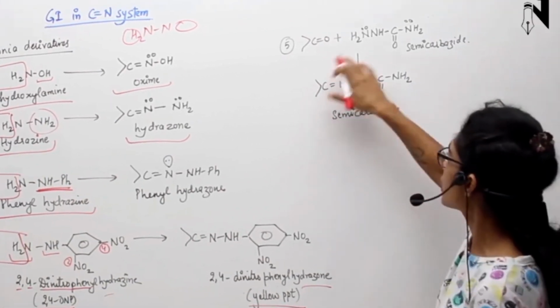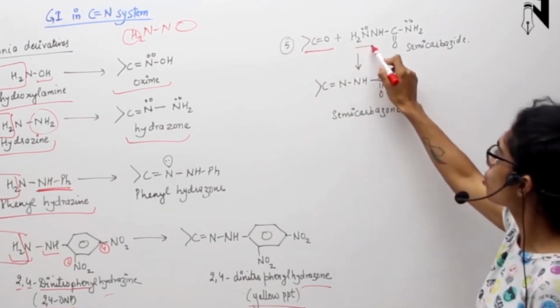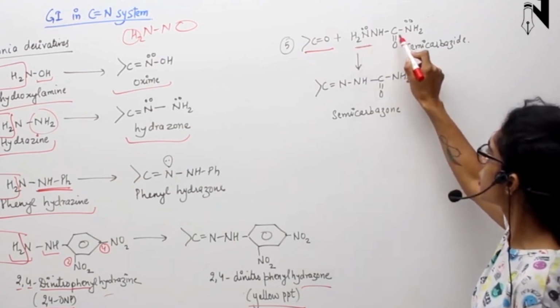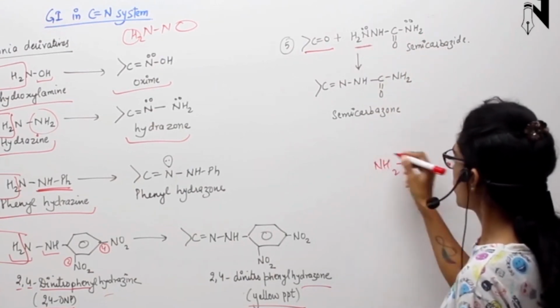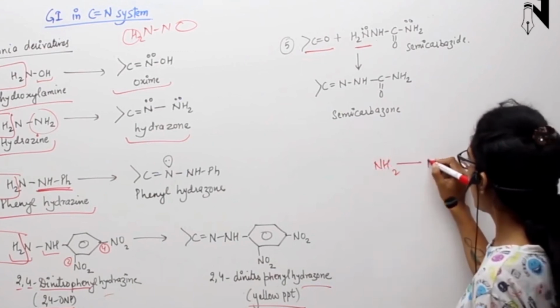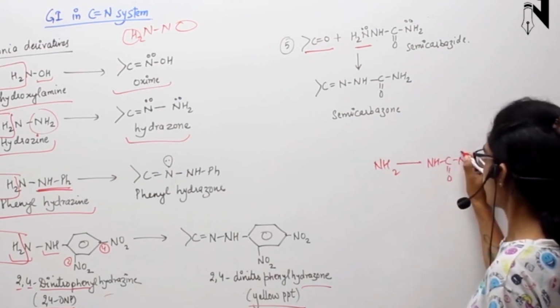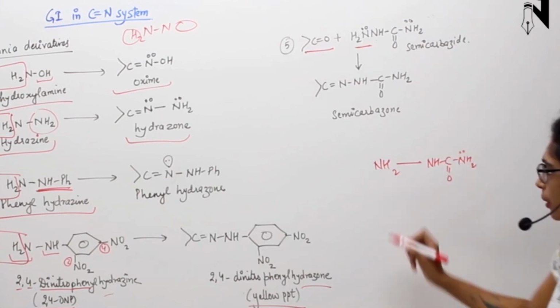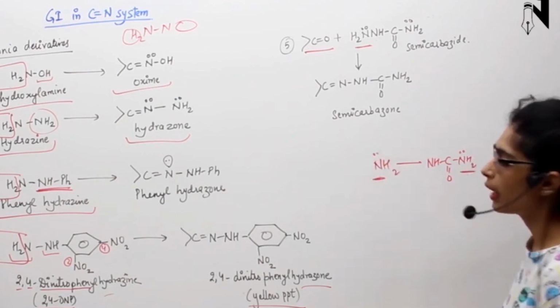Now next comes the last ammonia derivative. This is again a carbonyl group present over here, and you have NH2 NHCONH2. So basically this is NH2, and then instead of hydrogen you have NH, C double bond O, and NH2 group present over here. So here the question is, I have two NH2s, one is here and one it is ending with.